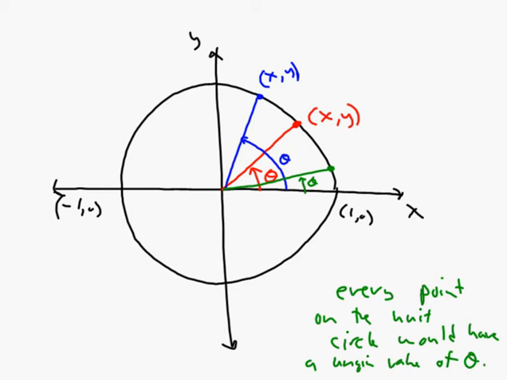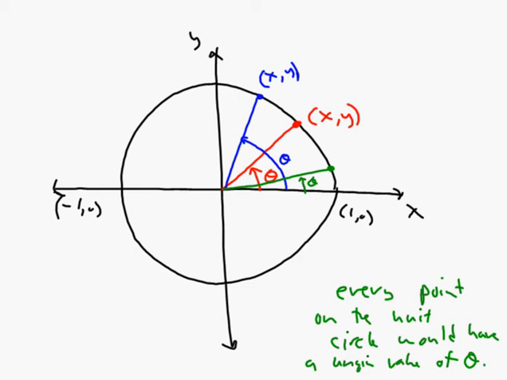Or I'll say it this way: for any theta you choose, there'd be one point on the circle's circumference. So what this means is that if I know theta, then I should know what point x comma y I'm at on the circle's circumference. So given theta, we should be able to figure out x comma y.